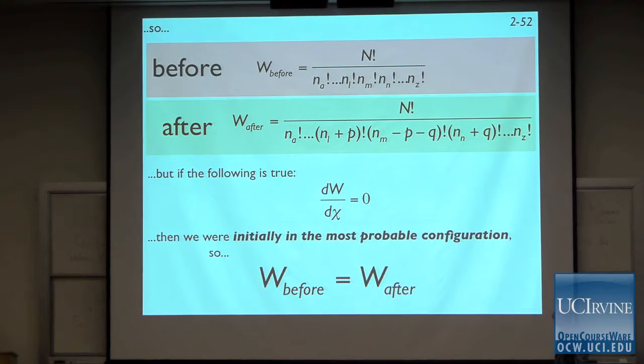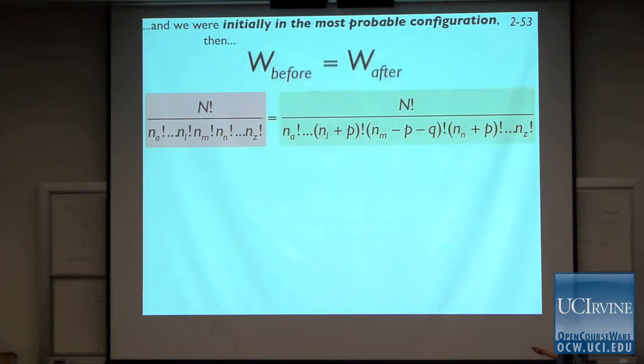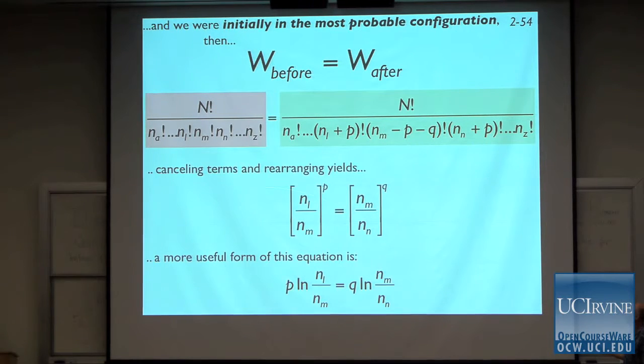So that has to equal that. If you work out the math, we're going to skip some steps, canceling or rearranging terms. You don't have to do this on quiz 1. Take my word for it.